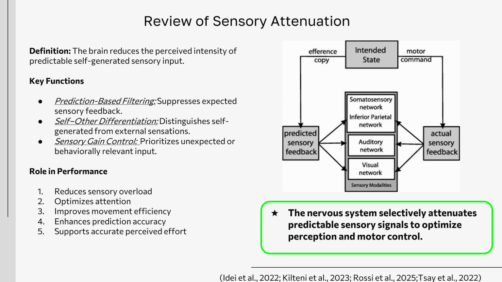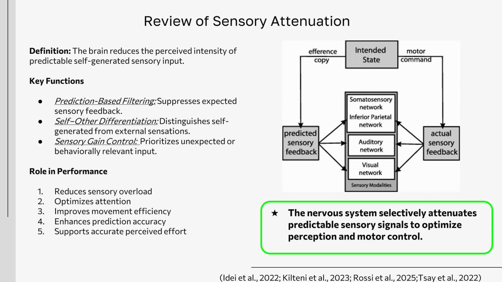The role in performance is reducing sensory overload, optimizing attention, improving movement efficiency, and enhancing prediction accuracy by setting that baseline efference copy, letting us know what's expected, and supporting accurate perceived effort. It lets us know that what we expected to happen happened at the level that we expected it to. Throughout the day, throughout tasks, throughout performance, the nervous system selectively attenuates predictable sensory signals to optimize perception and motor control.